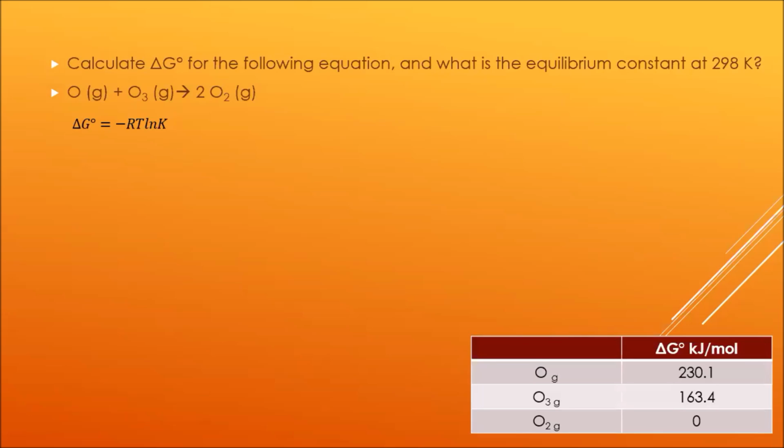For this reaction, calculate delta G standard for the following reaction, and what is the equilibrium constant at 298. So the ozone decomposition reaction. So first, let's calculate delta G. Delta G is products minus reactants. So products, the standard for this is 0.